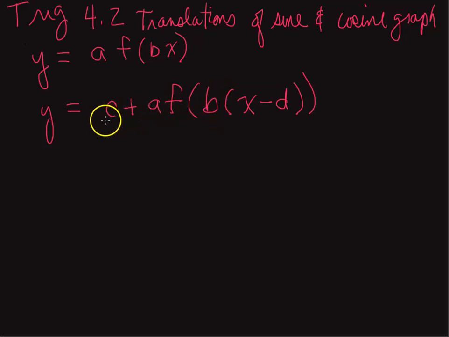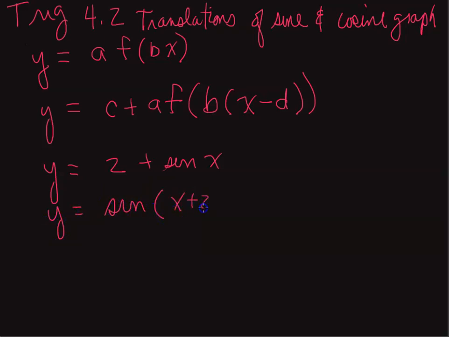But let's assume that C and D are some values other than 0, because adding or subtracting 0 wouldn't change anything. So if we add on the outside, let's say we have 2 plus sine x. Or we add on the inside, y equals sine of (x plus 2).